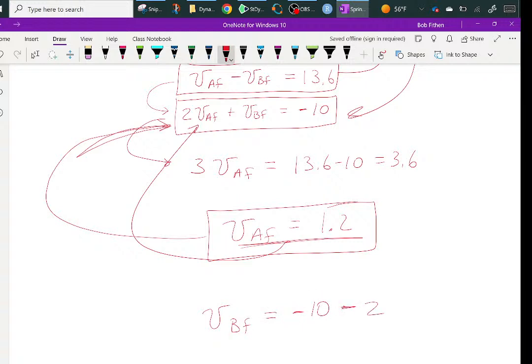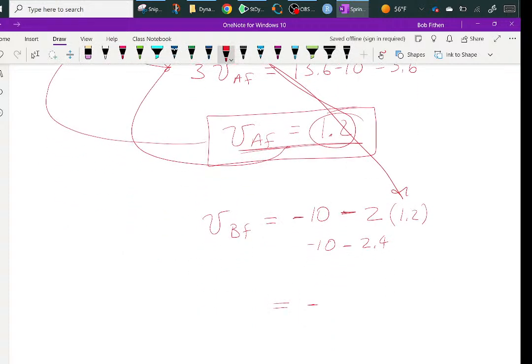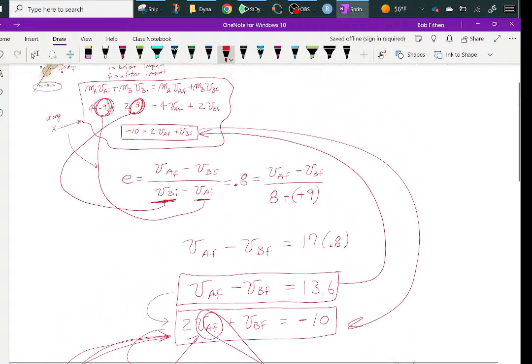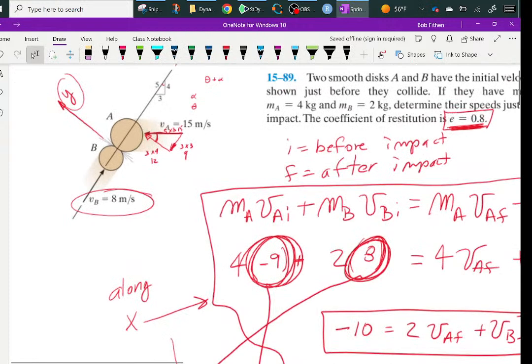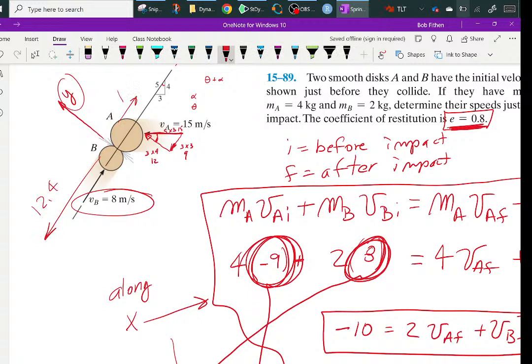Moving that over with the 2, take that, put it in here. 2 times 1.2, that would be minus 2.4 minus 10, so minus 12.4. VB final. So it's telling me that the B is heading away, going back that way at 12.4. This one's going that way at 1.2.